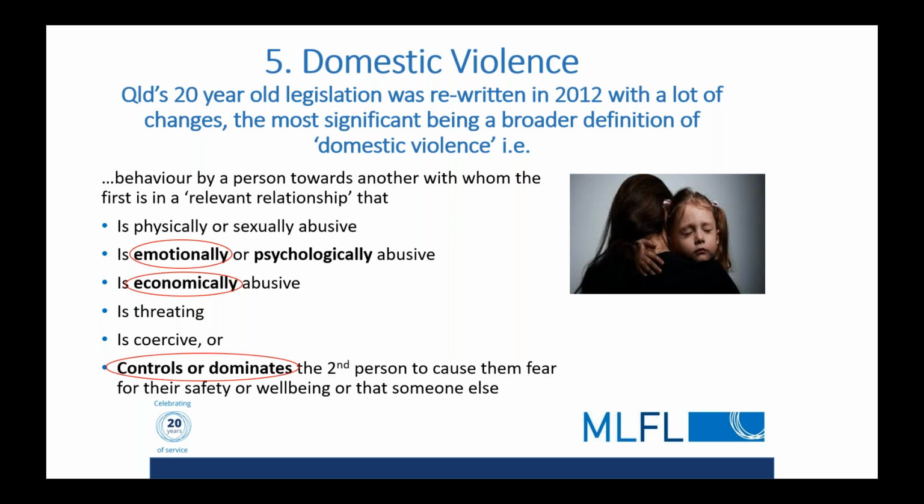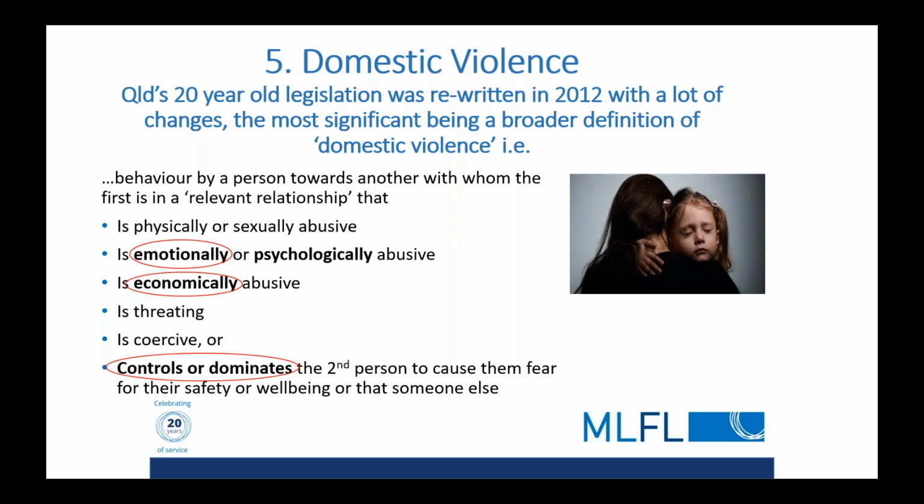It is state-based legislation, so what that means is that each state has their own domestic violence legislation. And in Queensland, it is the Magistrates Court that deals with these issues. The most significant change in 2012 was to broaden the definition of domestic violence.